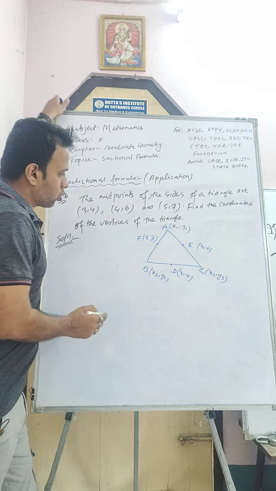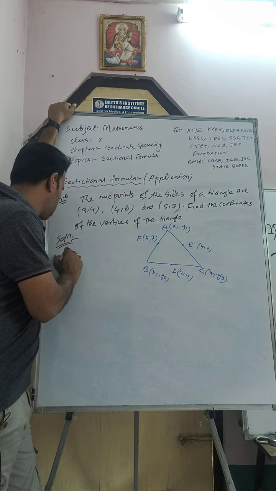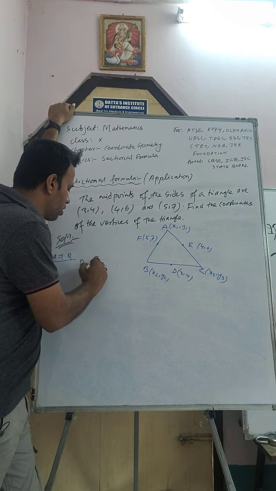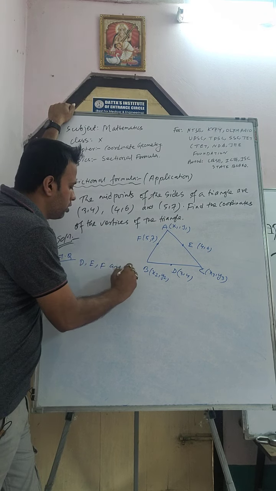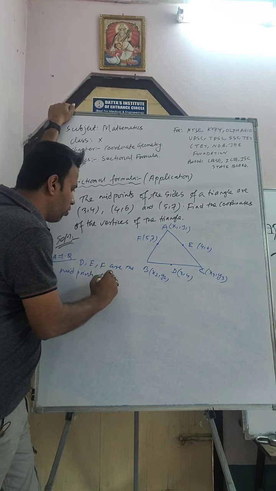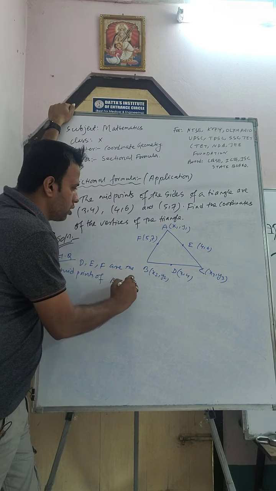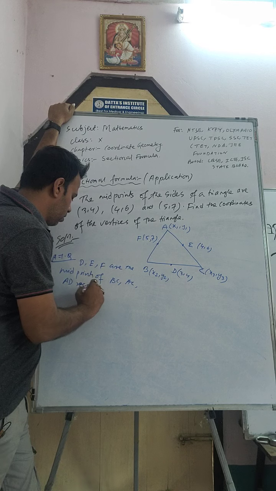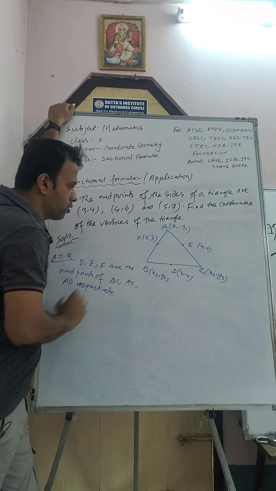So according to the question, D, E, F are the midpoints of BC, AC and AB respectively.